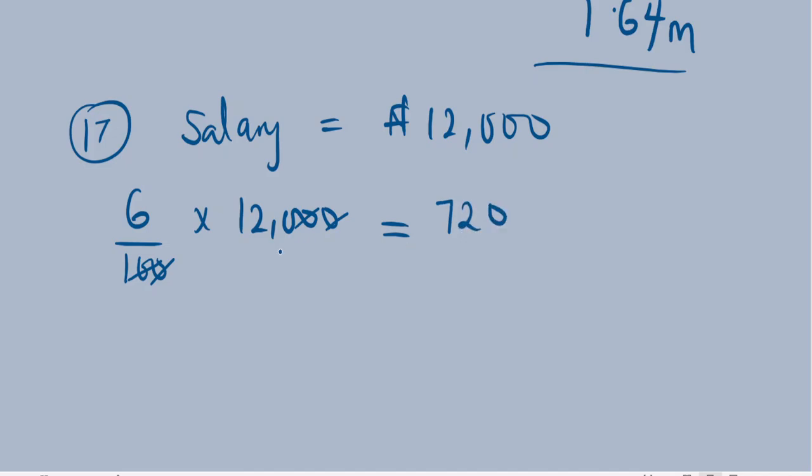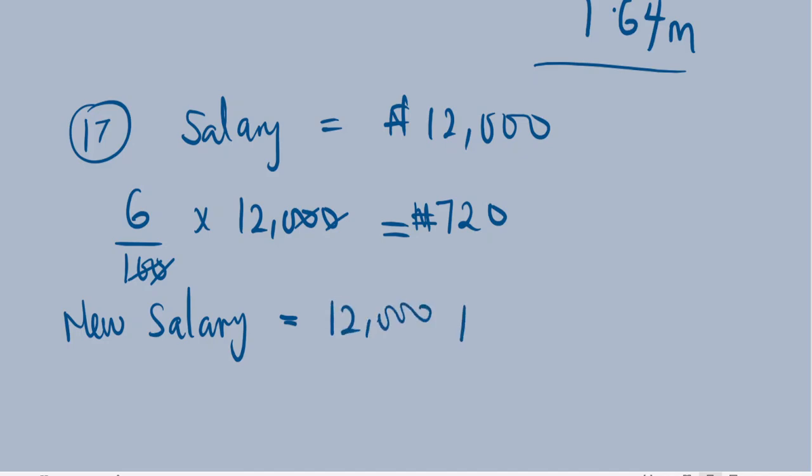So 6% of 12,000 naira is 720 naira. Add it to 12,000 naira. So the new salary will be 12,000 plus 720, which is 12,720 naira.